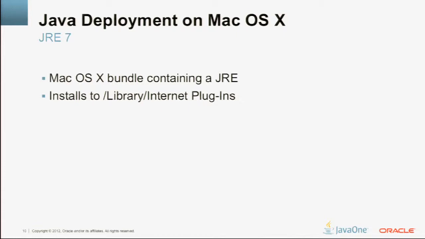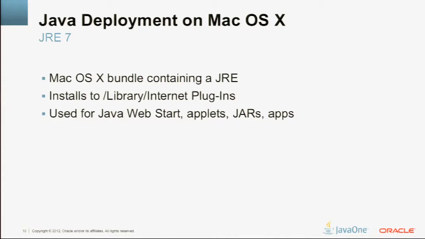And when you do that, Mac OS 10 is smart enough to say, oh, Oracle's Java is installed, I'm going to pass everything off to that. So basically once you do that, you've got a runtime that's used for WebStart, applets, and double-clickable jars. If you write a native application and you don't include your own JRE, you'll use that as well.